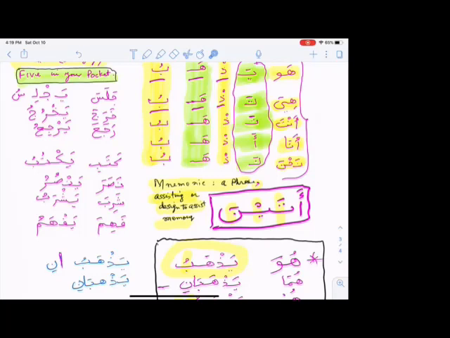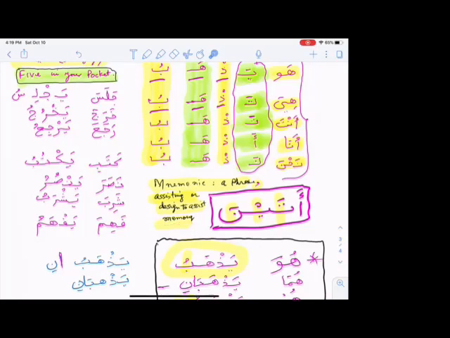Ataina. This is called a mnemonic. What is it called? Mnemonic, the M is not pronounced. A mnemonic, a phrase, assisting or designed to assist memory.